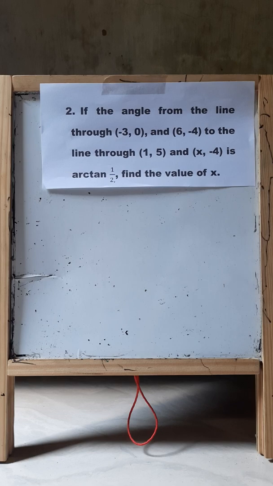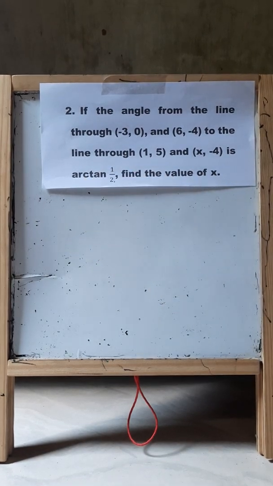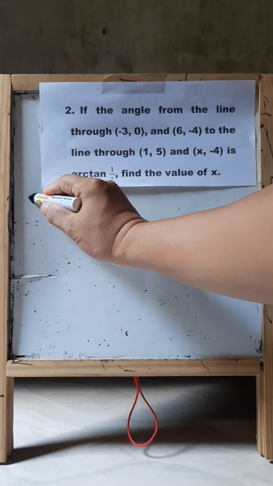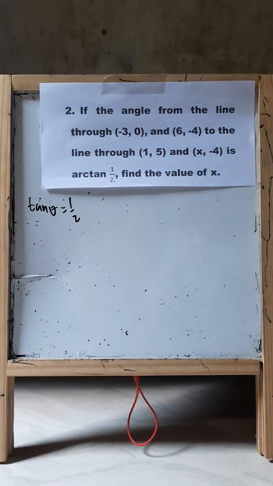That means tangent theta is equal to 1/2. Arctan 1/2 means tangent theta is equal to 1/2.